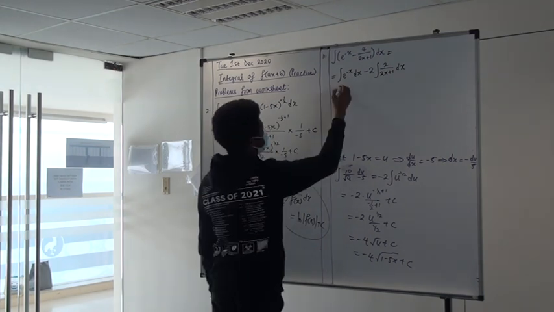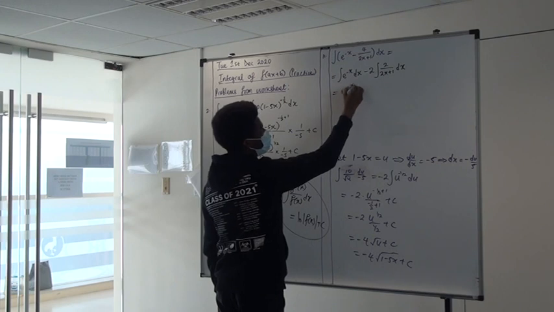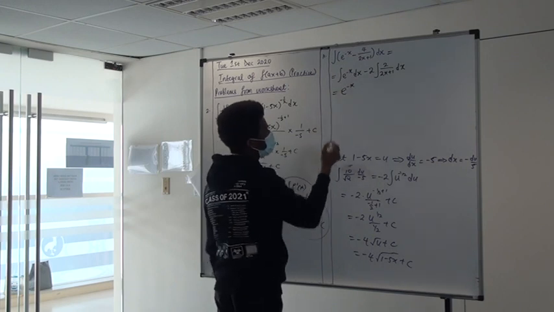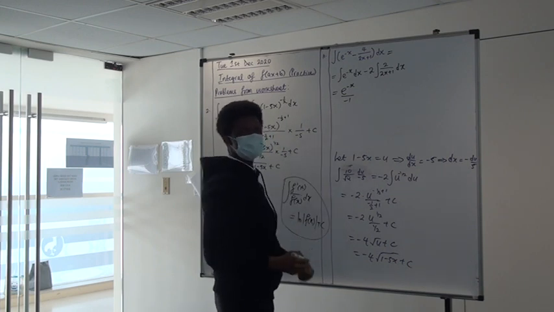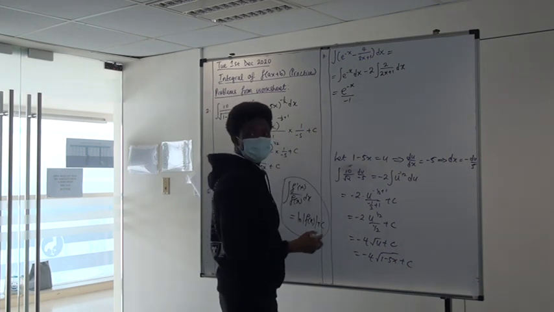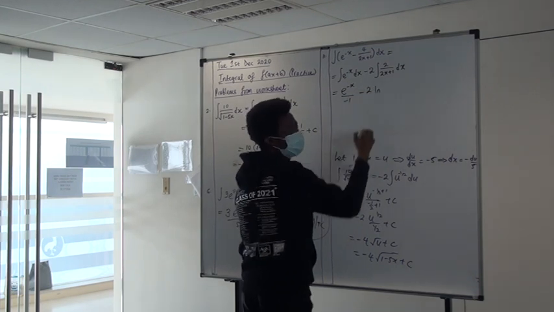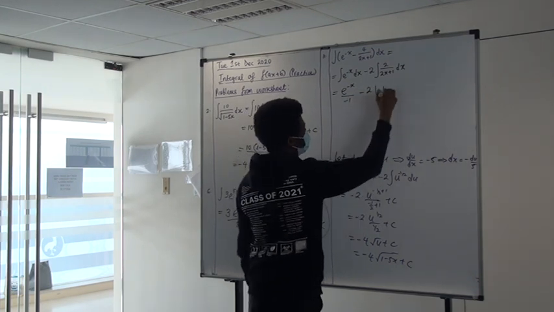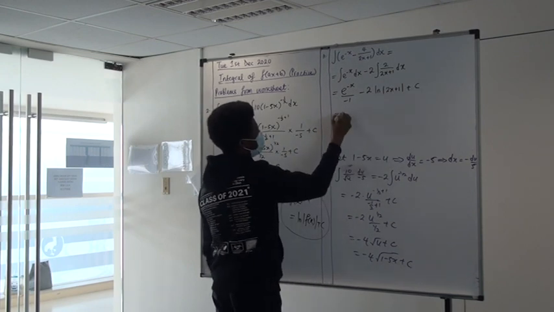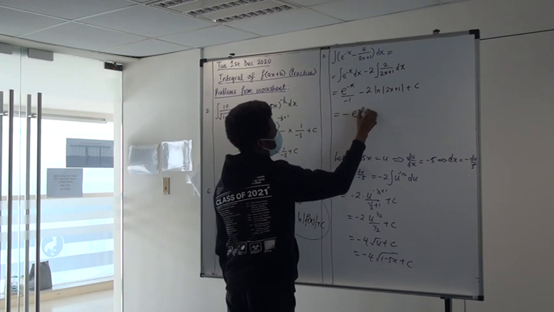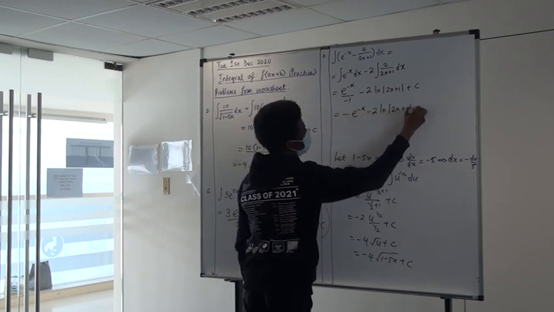So this would be exponential of negative x over negative 1. This is where you use that rule, not here. And this will be minus 2 natural log of absolute value of 2x plus 1 plus c. So finally, minus exponential minus x minus 2 natural log of that plus c.